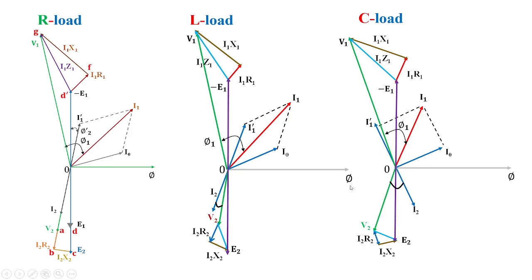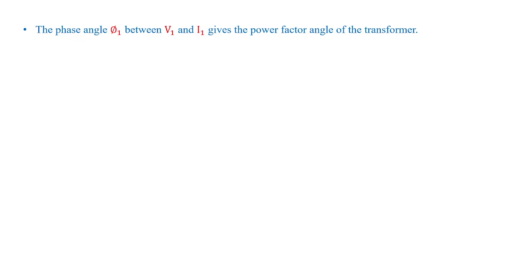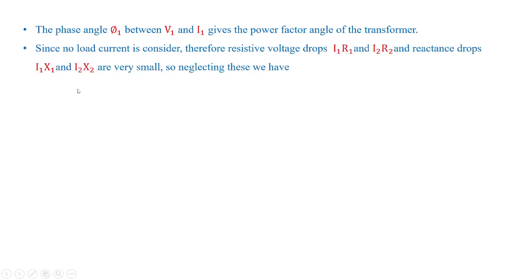Now we are going to see when the transformer is having a small no load current. We are going to treat the phase angle phi 1 between the input voltage and input current, which gives the power factor angle of the transformer.